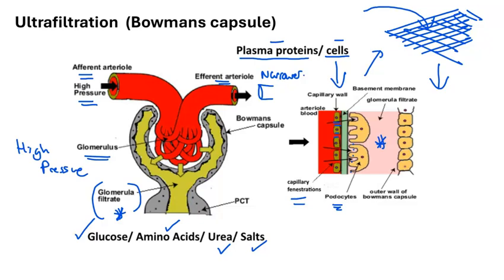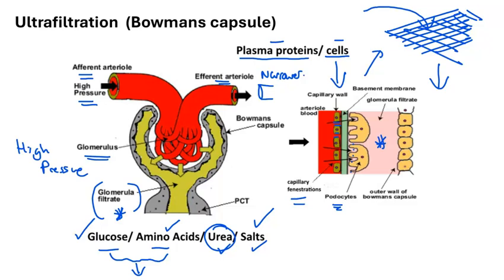We'll notice that glucose and amino acids are actually useful substances, and whilst they have gone through the filtration process, the body wishes to retain these and will therefore select these and then reabsorb them. That's also true of the salts. Urea, on the other hand, will be eliminated.